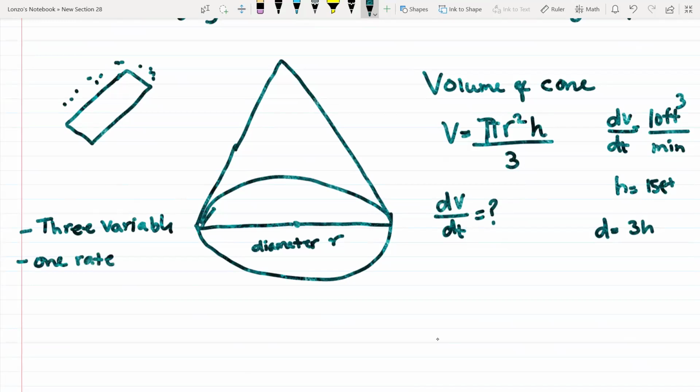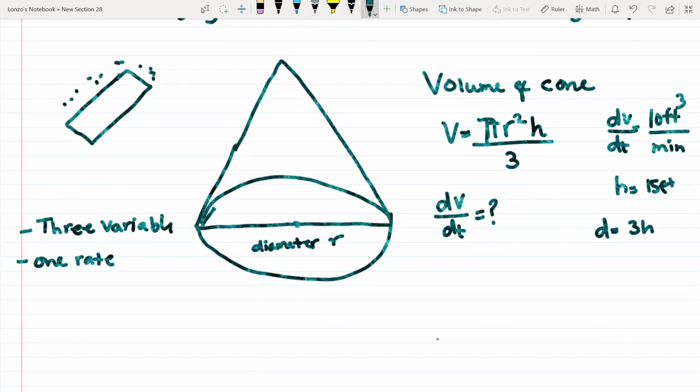Shouldn't we have 2 rates? No, we don't have 2 rates. So what we're going to do is substitute one of our variables for what we have.